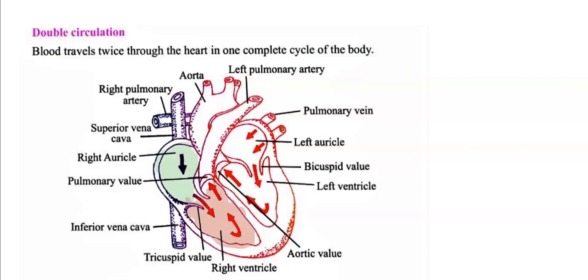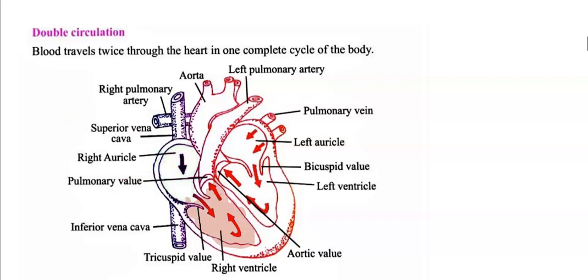So the deoxygenated blood once again enters into the heart, right? In some animals like fishes, the blood does not enter the heart twice. But in this case, the deoxygenated blood will not directly go to the lungs, it comes to the heart to be pumped back to the lungs. So it enters into the right auricle through the largest vein called the vena cava.